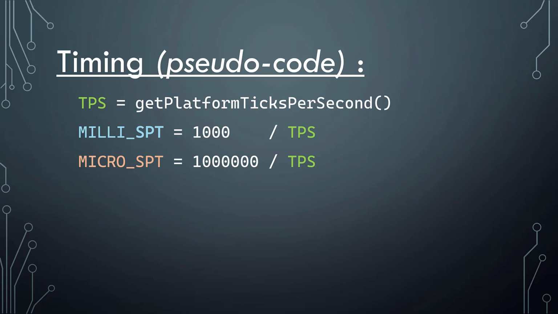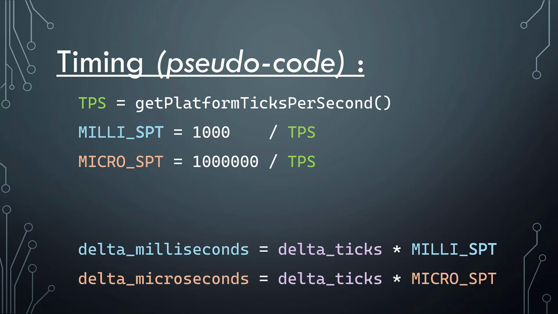So our milliseconds per tick is 1,000 divided by the ticks per second. It may not be very intuitive to look at this formula as it is, but you saw how we got it.